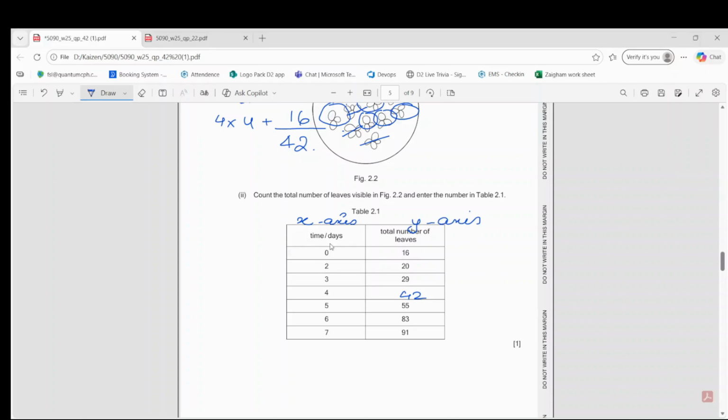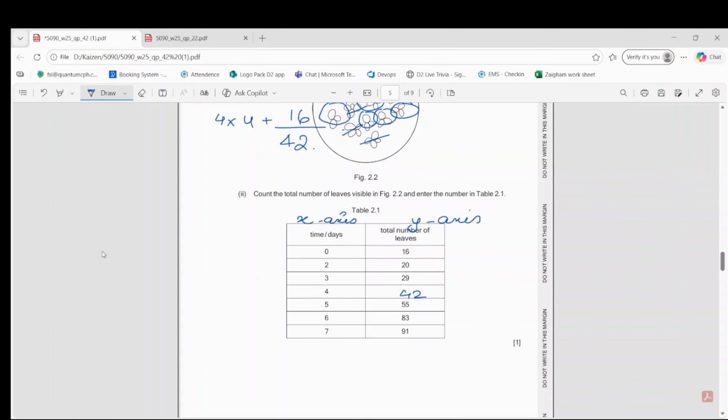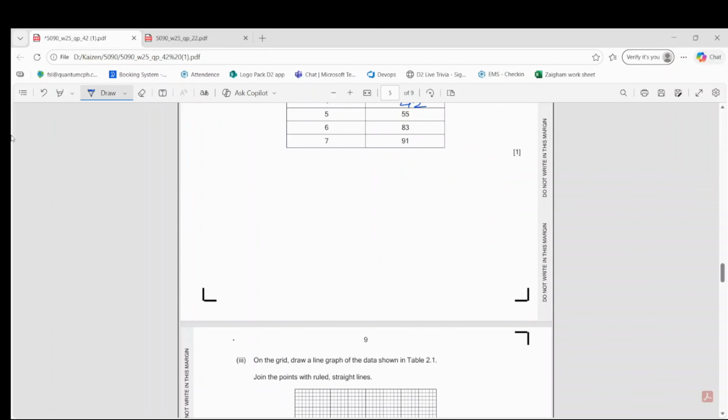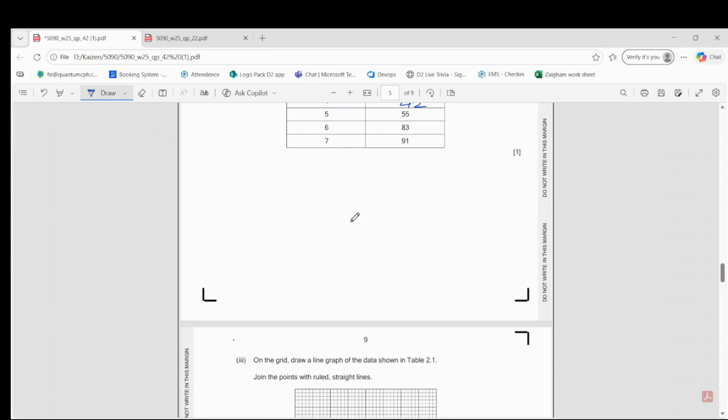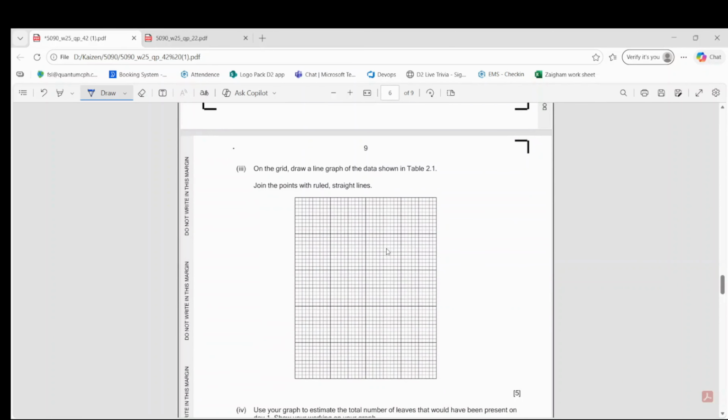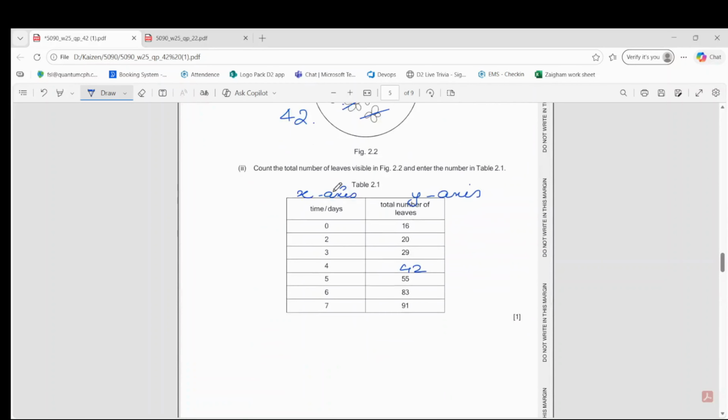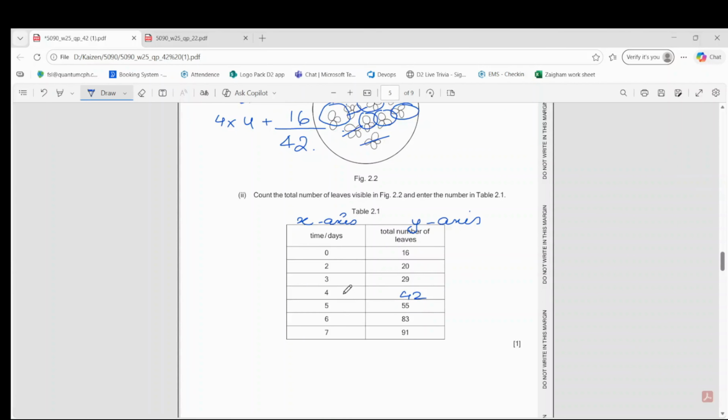So the labeling should be time in days and total number of leaves. Then you need to make 7 points according to these: 0, 2, 3, 4, 5, 6, 7. There is no 1, keep this in mind. The value for day one is not given.